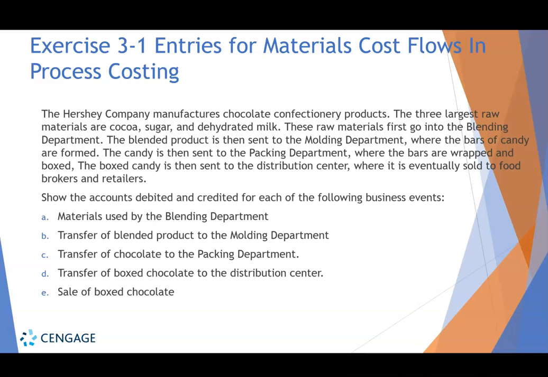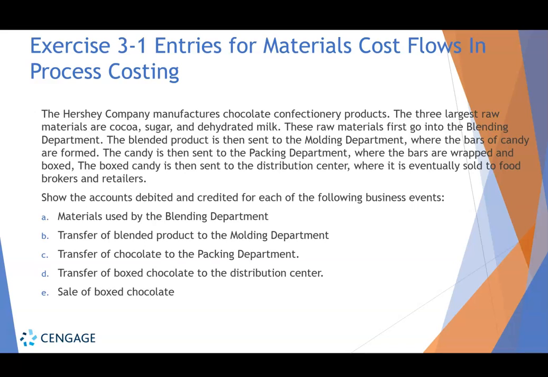These raw materials first go into the blending department. The blended products then sent to the molding department where the candy bars are formed. The candies then sent to the packing department where the bars are wrapped and boxed. And the boxed candies then sent to the distribution center where it gets sold. Show the accounts debited and credited for each of the following business events.